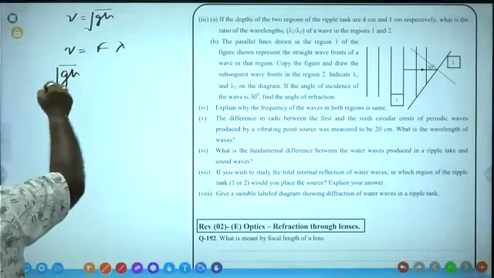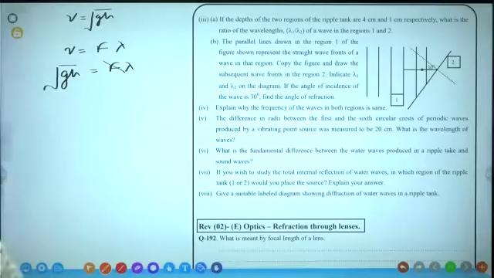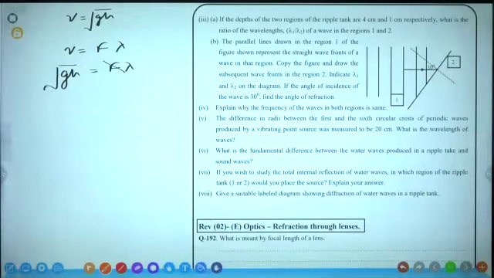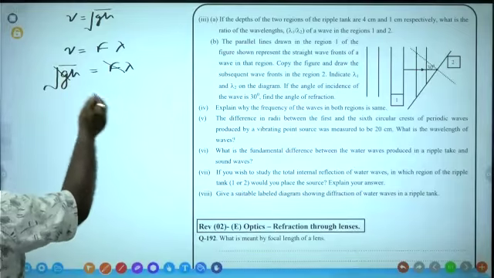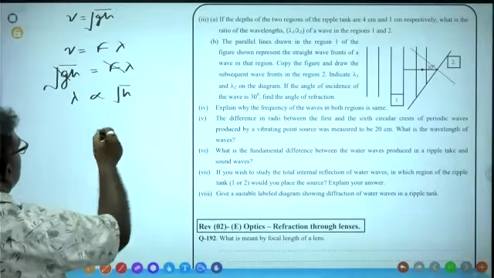Root GH equal F lambda. Frequency remains same. It was mentioned in the statement as well. We all know that. You should know it, right? Okay. G common, then lambda directly proportional to root h.